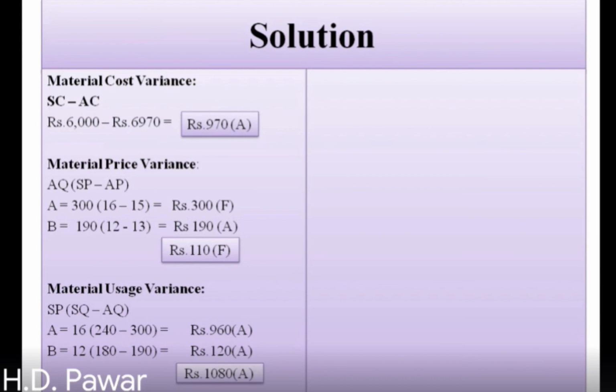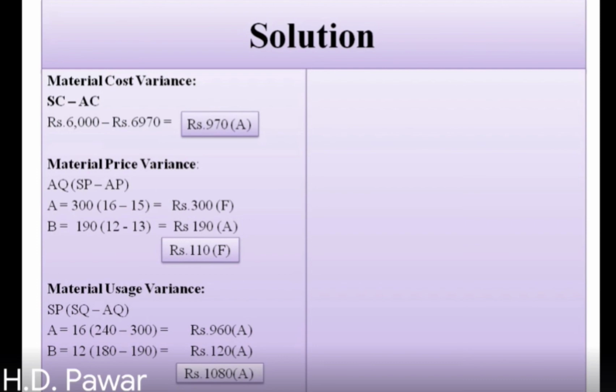The total of these two is equal to 970. Usage plus price is equal to cost. This is the first part of your solution. If it does not tally, then you should not go ahead. This much should be completed, only then will the mix variance come.